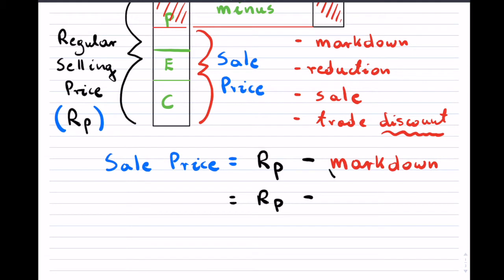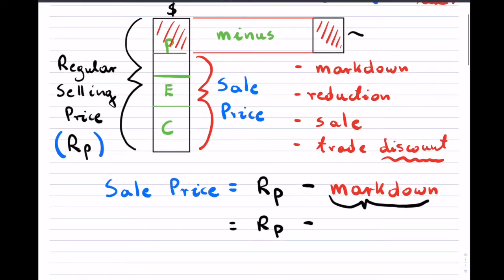this particular markdown, which is typically given as a percent. And then that percent will get converted back into decimal, and it is a portion of your regular price. So it's a discounted price that you have.